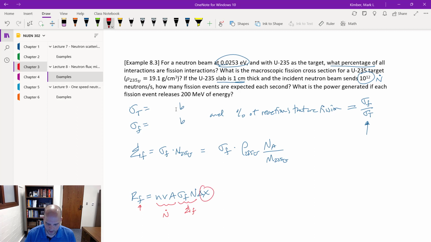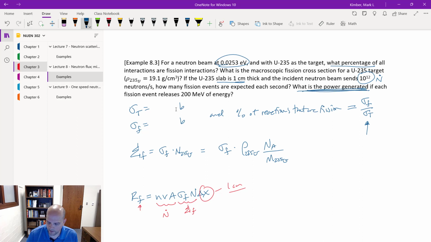And then I've got delta x, which is given in the problem statement as 1 centimeter thick. And so I've got all the information I need there. I just need this fission cross-section, and n dot is given to me. So that's the next part, and then the final part is looking at the power generated.